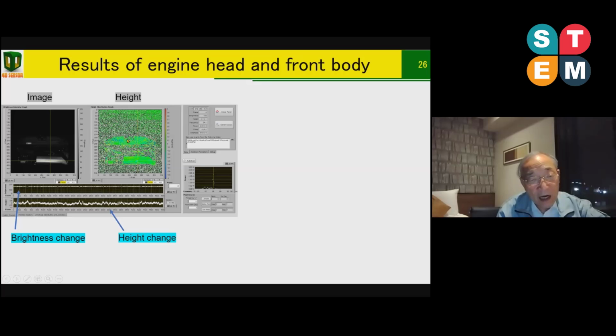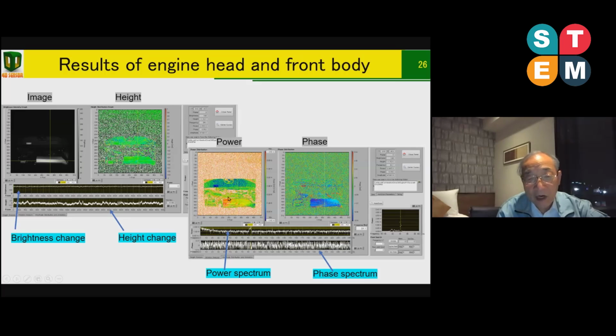Here is the front grille. Here is the edge. At first the height is the same, the height difference is almost zero. Next, we can obtain the height distribution as the engine is rotating.